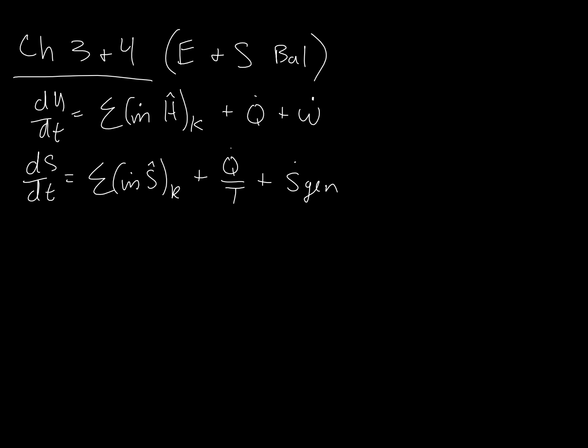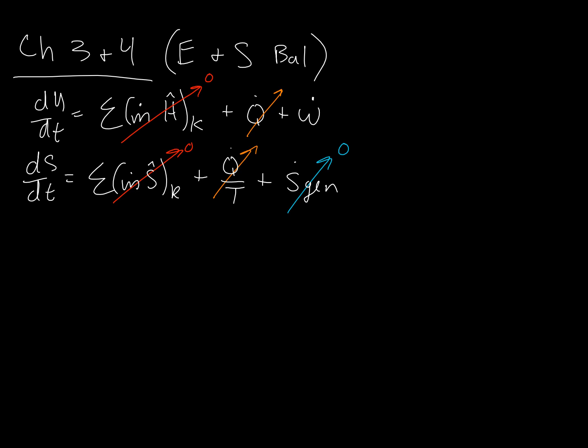What happens when the system is adiabatic? Q goes to 0. What happens when the system is reversible? S gen goes to 0. What happens when we have a closed system? These go to 0.